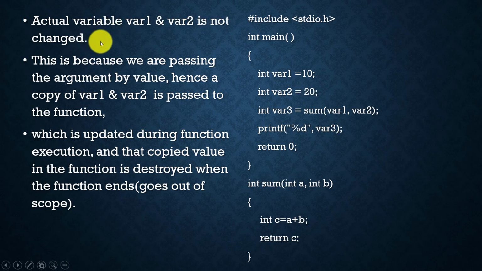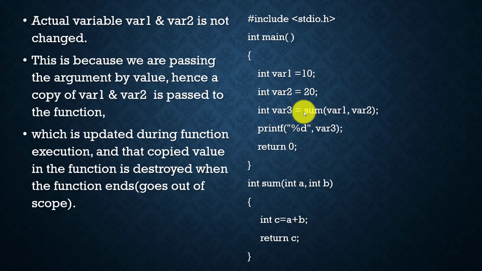It's not going to change, and that is nothing but call by value. Why? Because we are passing arguments by value, only a copy of variable 1 and 2 is passed, and the copied values in the function are destroyed when the function ends. That is, after ending this definition part, it goes out of scope and the actual parameters are not changed; they remain as they are.